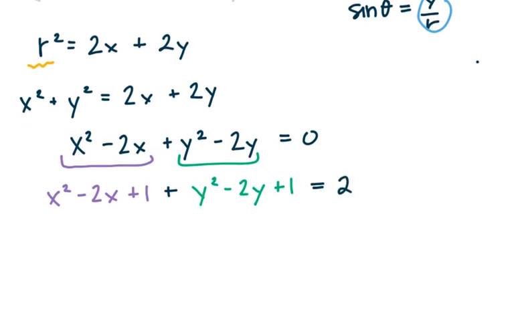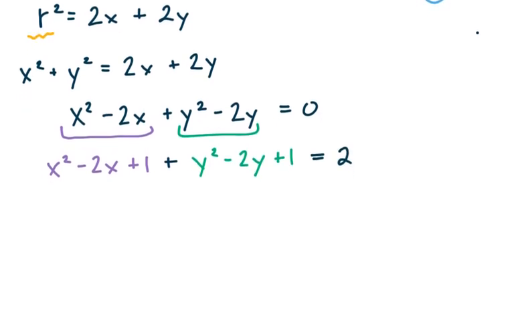So what I just did was complete the square, so I can factor them and get a perfect square binomial. So that would be x minus 1 quantity squared plus y minus 1 quantity squared equals 2.